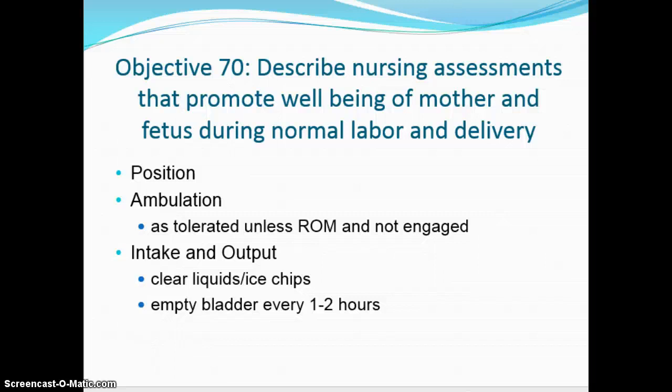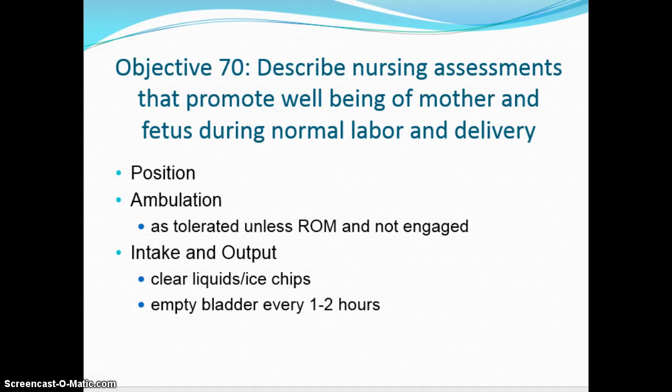When we're describing nursing assessments, in chapter 18, it talks about nursing care on table 18.4. So when we're talking about nursing assessments, things that will increase the well-being of our mom, things that will enhance circulation to our fetus. We know that positioning and position changes are really important.